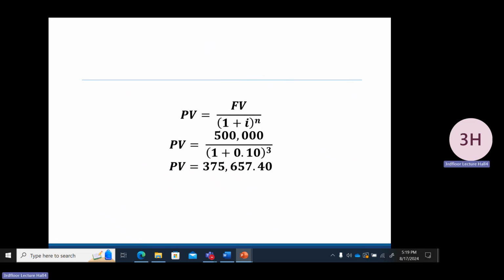At the 10% cost of capital, your minimum expected value is 375,650. If you are going to sell, at least you need this. So that is the present value. In the future, you have to value bonds, debentures, equity shares, and preference shares based on this concept, applying the discounting process.